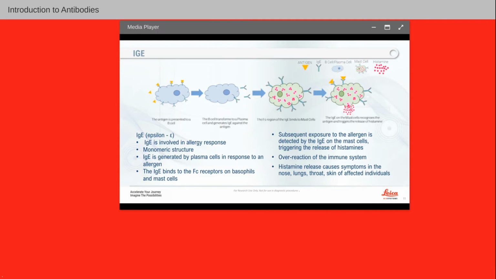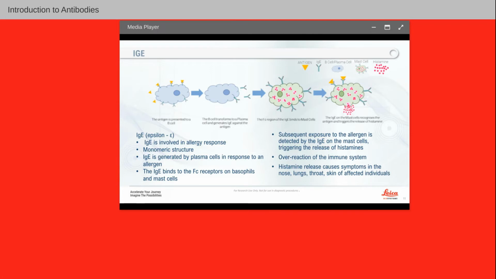Now, allergic reactions are basically an overreaction of the immune system in response to something that it shouldn't really be allergic to. It's not a pathogen, so we'll call this item the allergen.